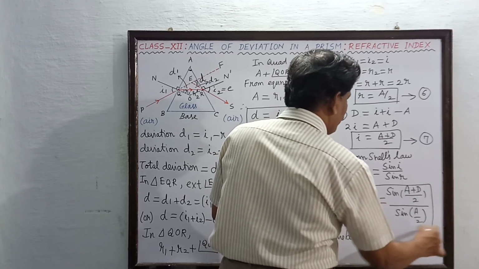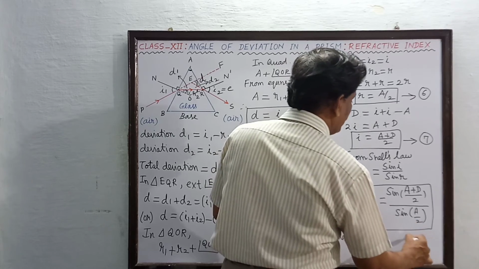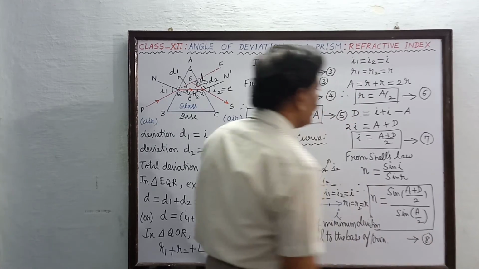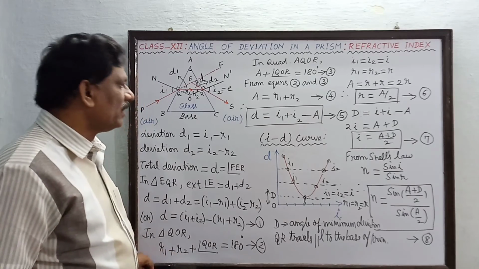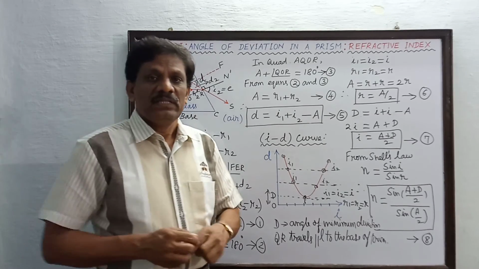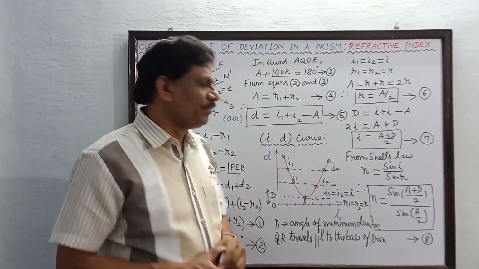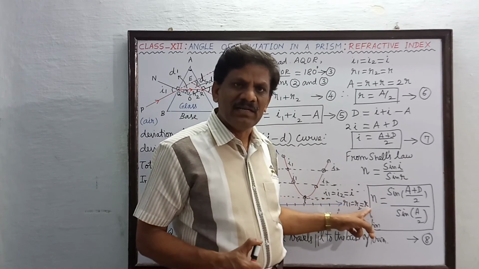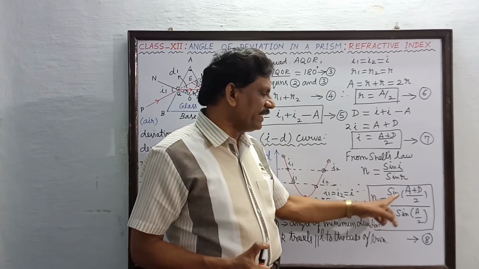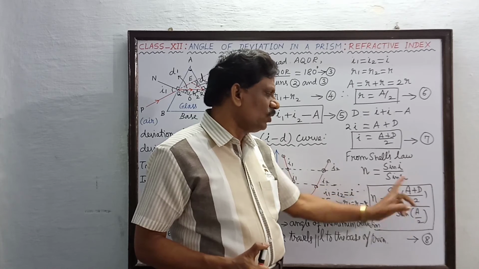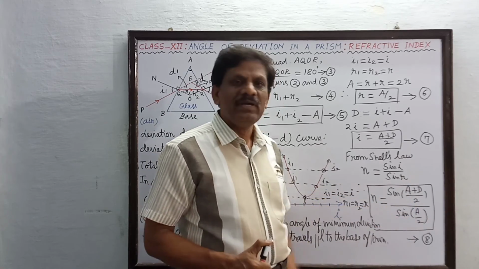So this is the final expression of the derivation, equation number 8. So the refractive index of the material of the prism is given by N. N is equal to sine of A plus D divided by 2, whole divided by sine of A by 2.